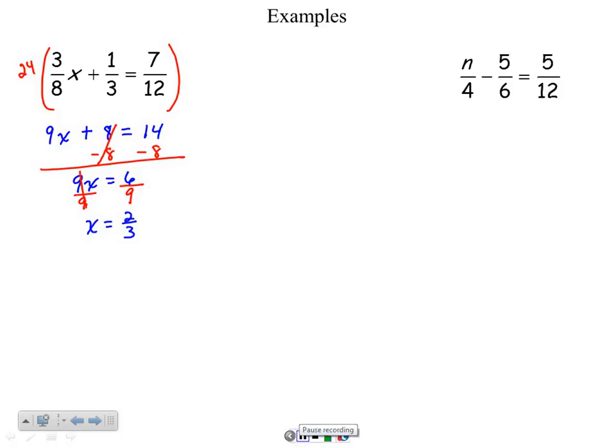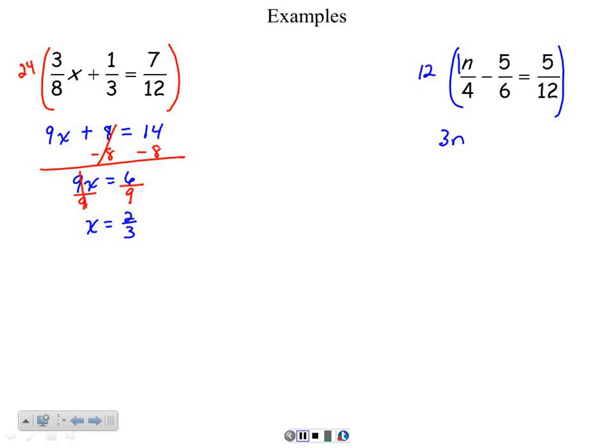Alright, so let's try the problem on the right. The least common denominator between 4, 6, and 12 is going to be 12. So we're going to distribute 12 times each one of these terms. If I do 12 times 1/4 n, because there is an understood 1 there, 4 will go into 12 3 times, and 3 times 1n is going to be 3n.